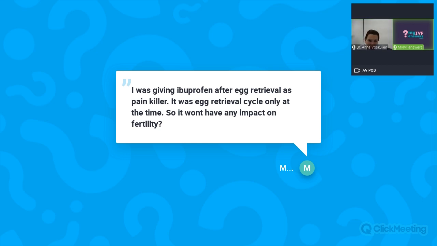If you have it once after the egg retrieval, I think it doesn't have a big impact on the quality or the fertility. It's a little bit controversial whether it has an impact on the endometrium. But if it was only at the time, it's not something that's going to change.